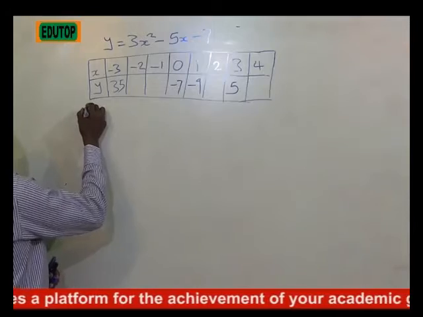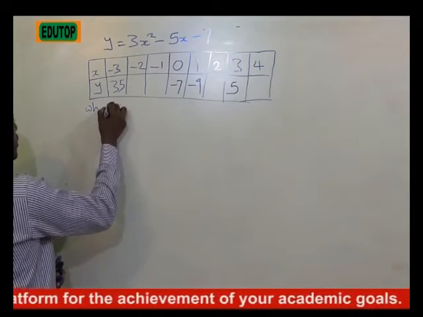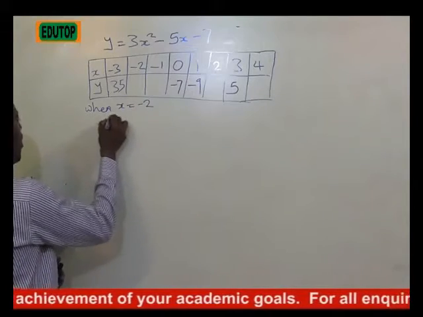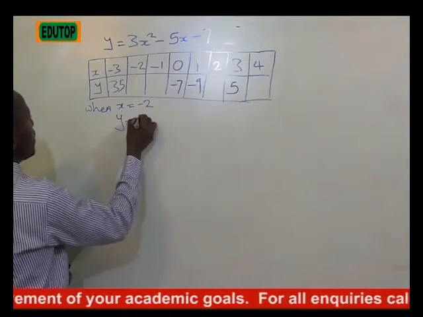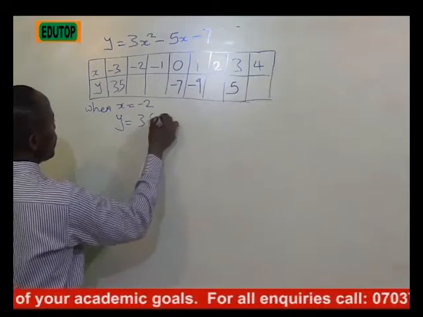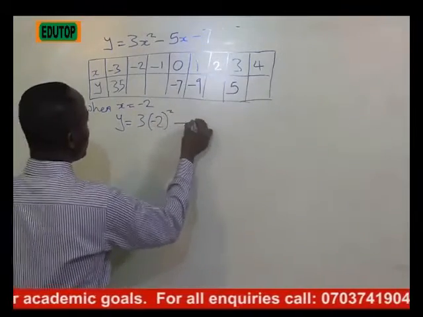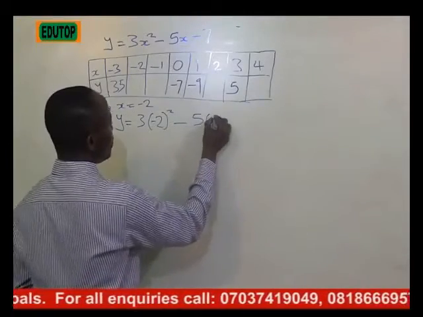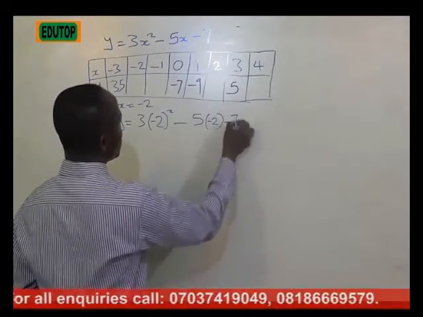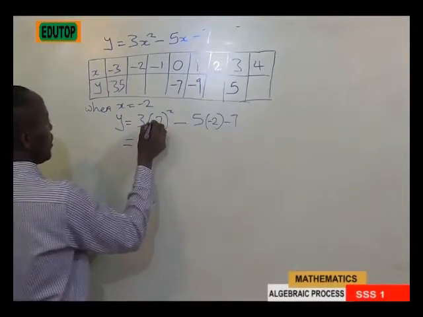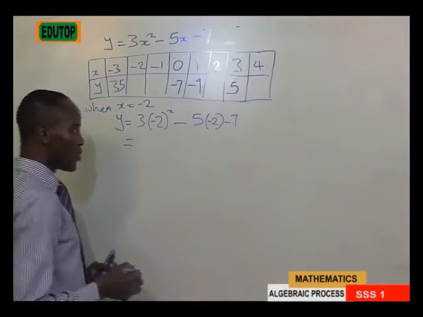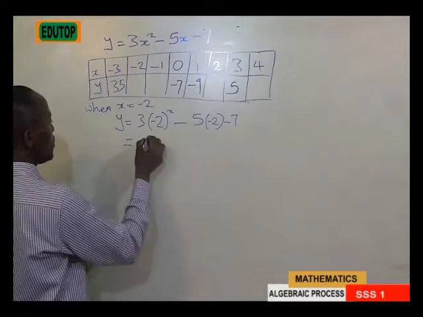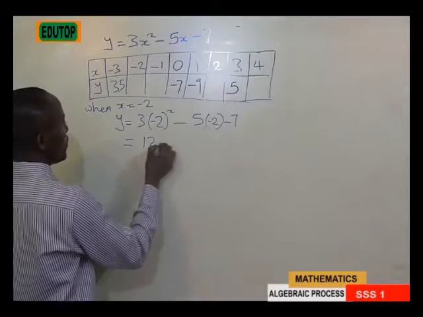So when x is equal to minus 2, then our y is equal to 3 into bracket minus 2 squared minus 5 into bracket minus 2 minus 7. Mind you, our x here is minus 2. Minus times minus will give us plus. 2 squared is 4, that means 4 times 3 is 12.